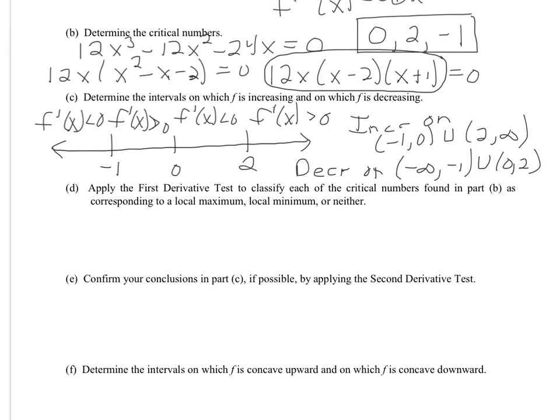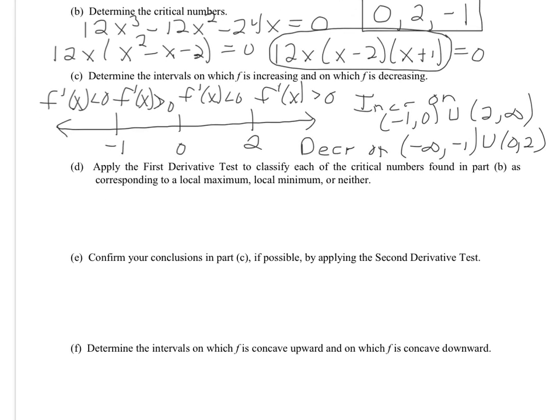Okay, part D. Apply the first derivative test to classify each of the critical numbers that you found in part B as corresponding to a local maximum, a local minimum, or neither. Well, this is easy because we've already done all of the necessary work in part C. There's really no additional work we need to show here.